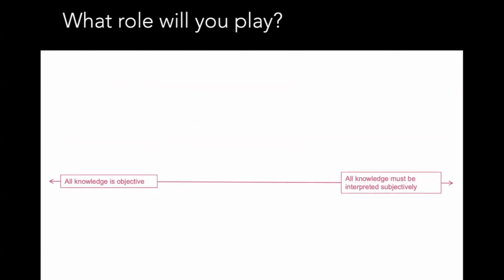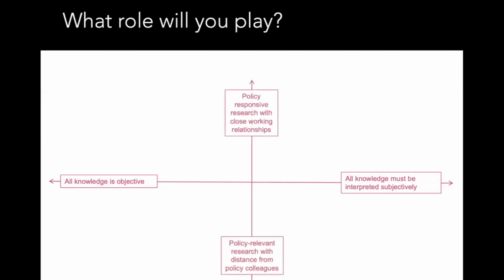So we're starting now very explicitly with an epistemological gradient, objectivity versus subjectivity, and you will hopefully quite quickly know roughly where you sit in terms of your discipline, your training, the approach that you take to knowledge and evidence. And then secondly, how policy responsive and close you want your working relationships to be, versus how just policy relevant, rather than responding proactively all the time, and more distant you would prefer to be.